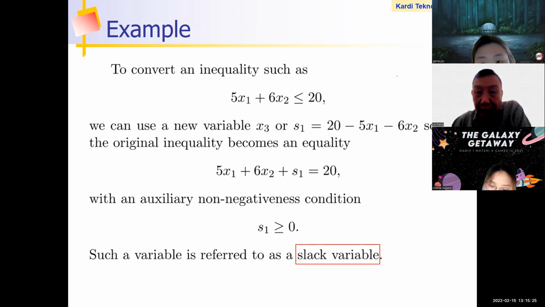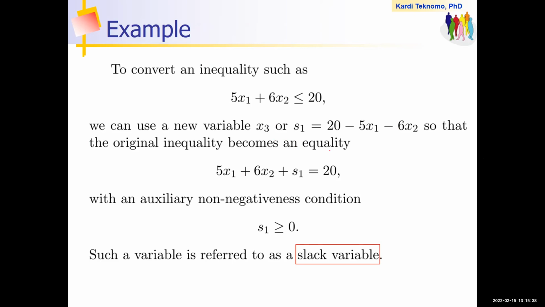This s1 is basically the slack variable. So what is the value of s1? It is equal to 20 minus 5x1 minus 6x2. Of course the s1 itself must be positive, or 0.